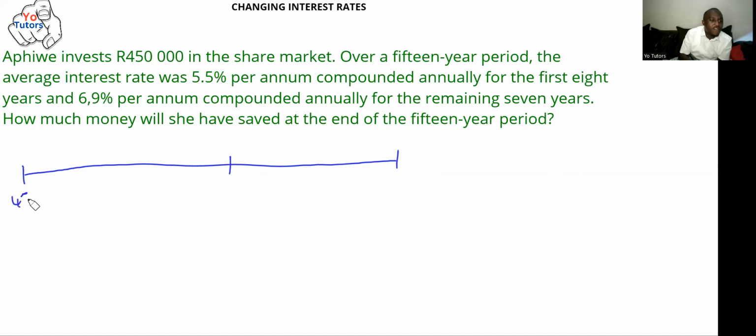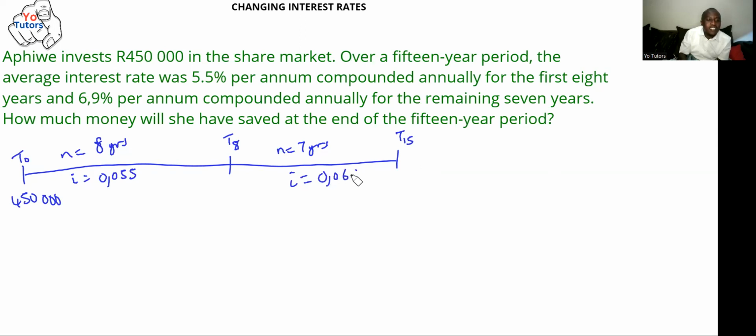Here we have 450,000 at T0, then T8, and T15. Our n is 8, our n here is 7, our i here is 0.055, and our i here is 0.069.